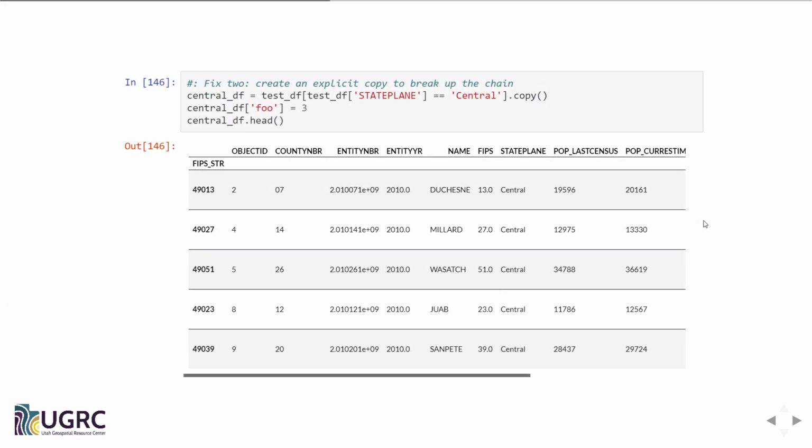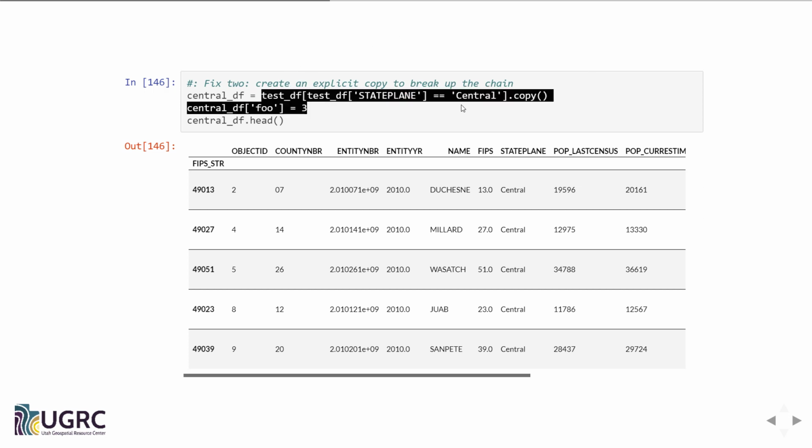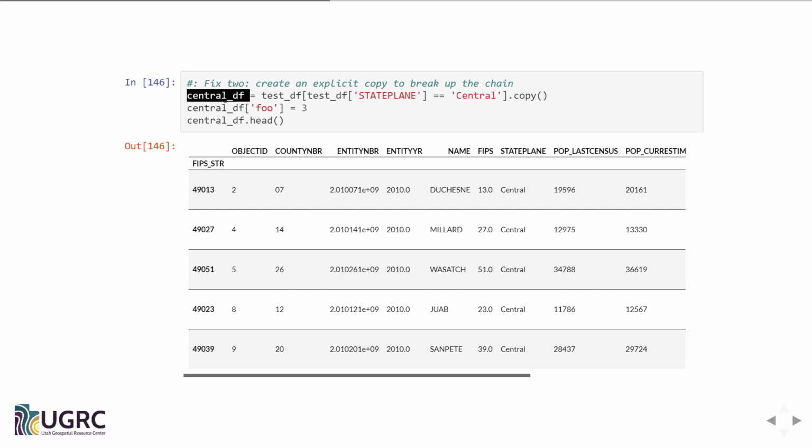The second one, and I use this a lot when I'm trying to subset data and only work on the subset, is to explicitly create a copy of the data set. So there's my Boolean index, saying, give me all the rows where state plane is central, but now .copy. So instead of just getting a view, I'm taking a copy of that view and storing it into a new place in memory.